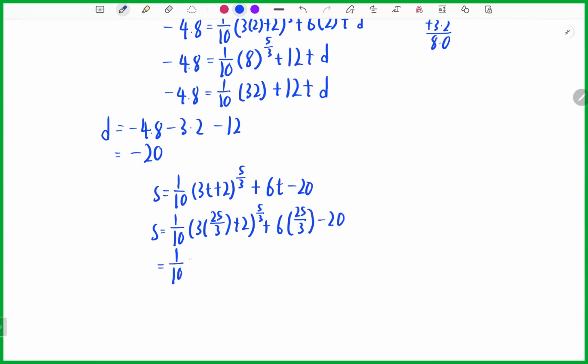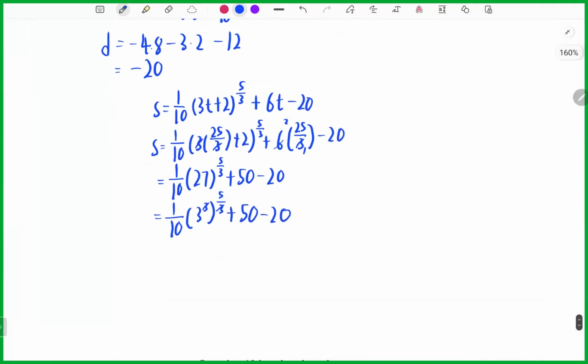So it equals 1/10, 25 plus 2 is 27, to the power of 5/3, plus 50 minus 20. 27 to the power of 5/3 is 3 to the power of 5. Let's separate it out and multiply by 3: 9 times 9 times 3. Okay, let's do this one.